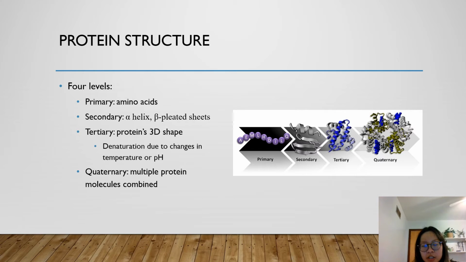So it can cause changes in solubility and catalytic activity in the case of enzymes. And it is usually irreversible, but there are some instances where you can reverse it. So for quaternary structure, that is just multiple protein molecules combined into one structure.